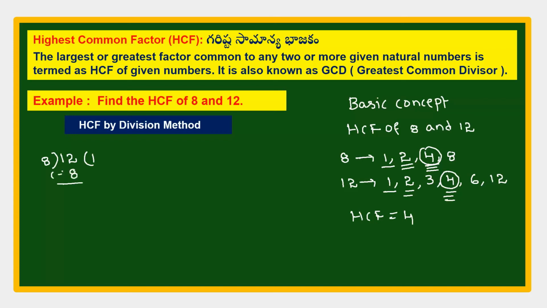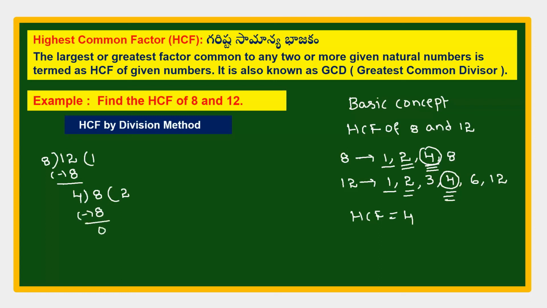Right. And remainder 4. Now what we have to do? Again take the divisor as the new dividend. Here 8 is the divisor, it will act as a dividend. Right. And here remainder 4 will be the divisor. 4 2s are 8.